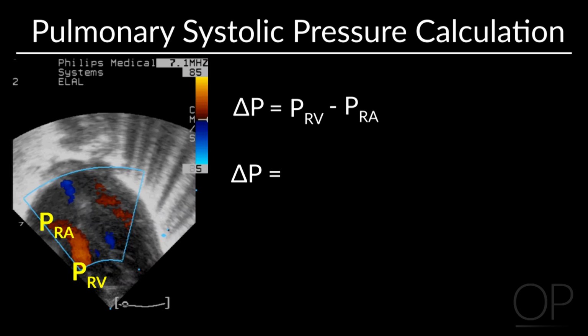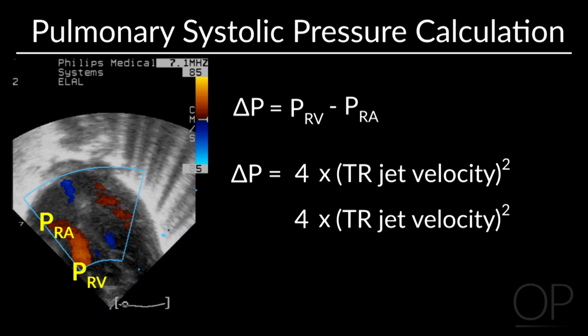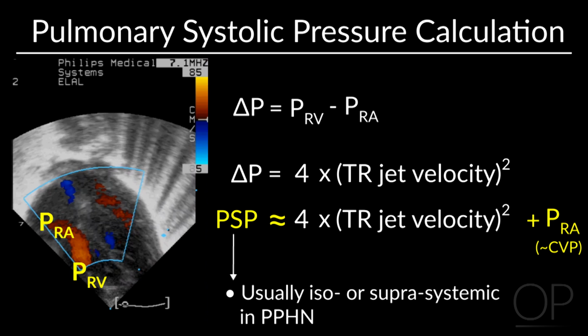So this difference would be given by 4 times the square of the peak velocity of the tricuspid regurgitation jet, which we usually see in severe cases of PPHN. If we add to this value the right atrial pressure, which can be estimated by the central venous pressure, we have the pulmonary systolic pressure, which is usually iso or suprasystemic.